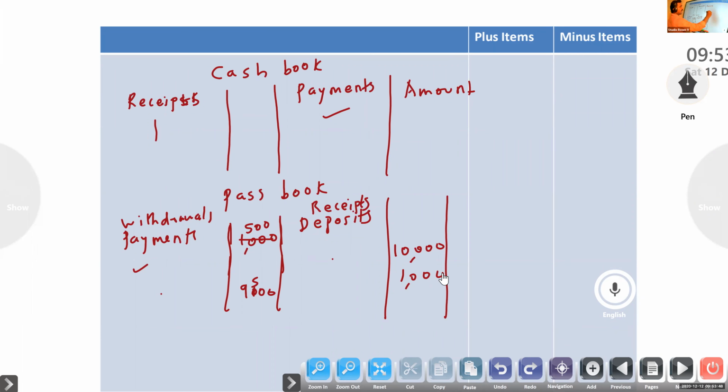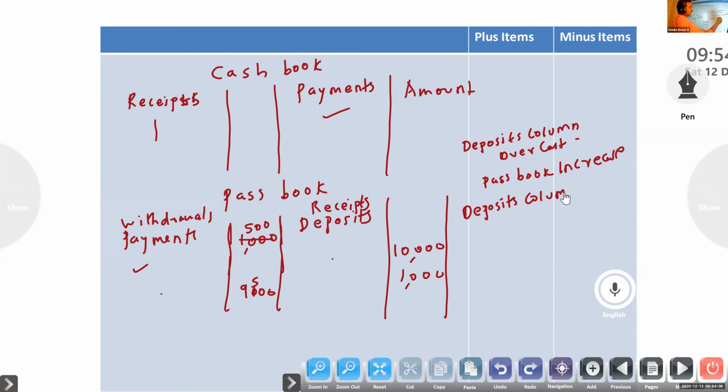Okay, so deposits column overcast means passbook increase. Suppose deposits column undercast, passbook decrease.